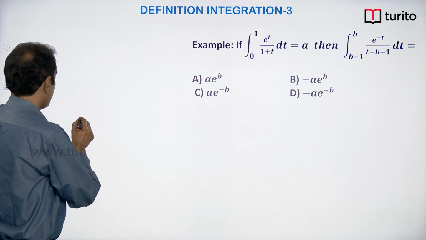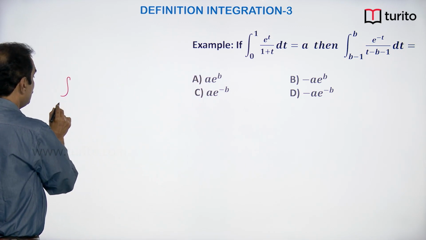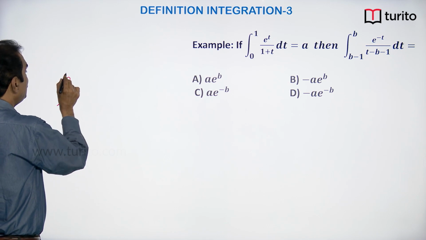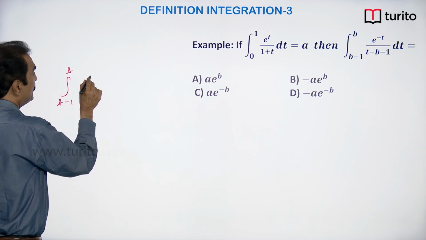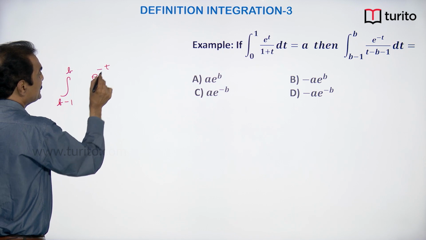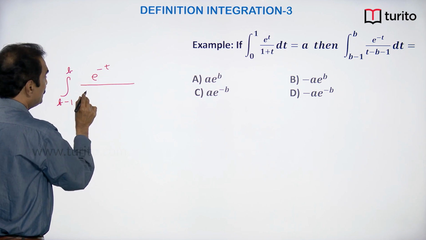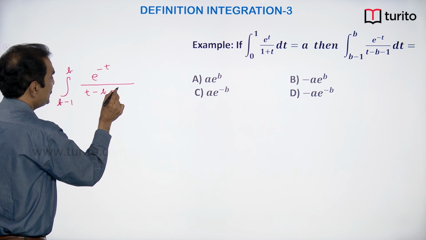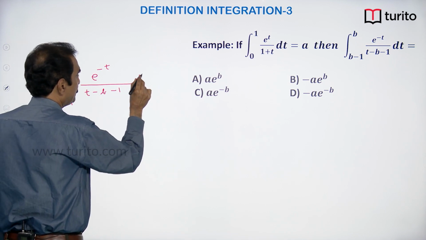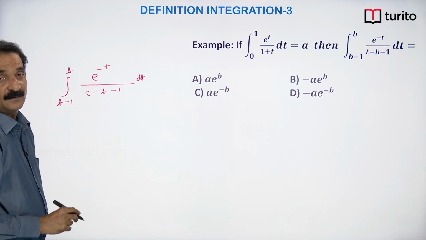Let us write it. Integral b minus 1 to b e power minus t by t minus b minus 1 dt.